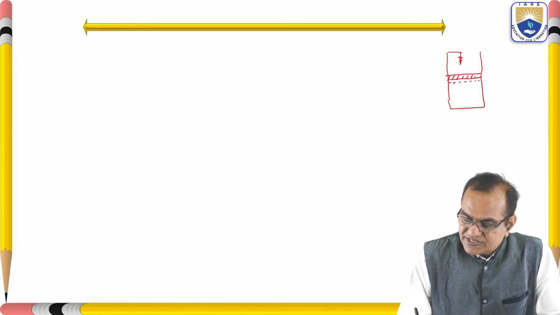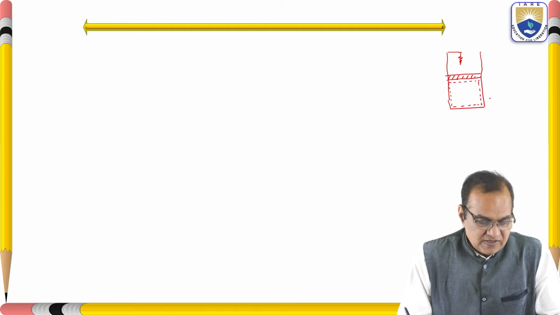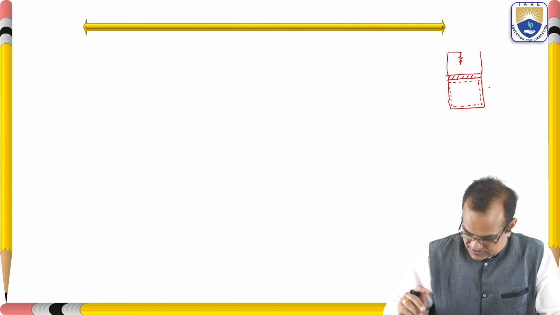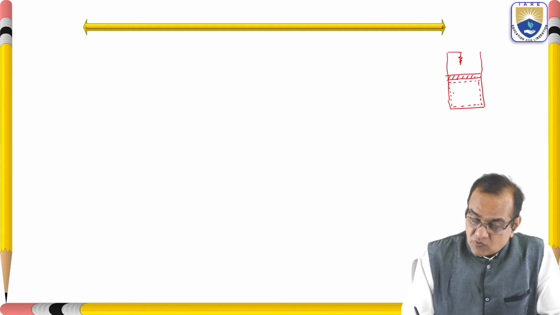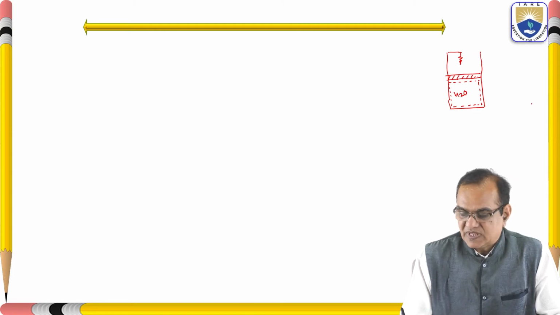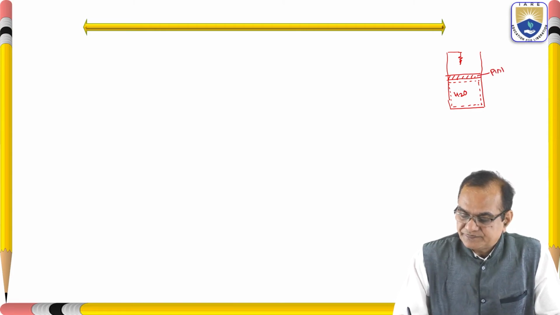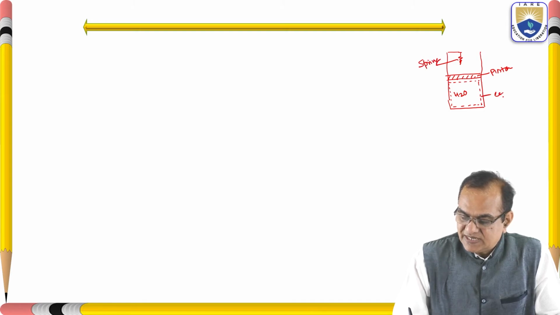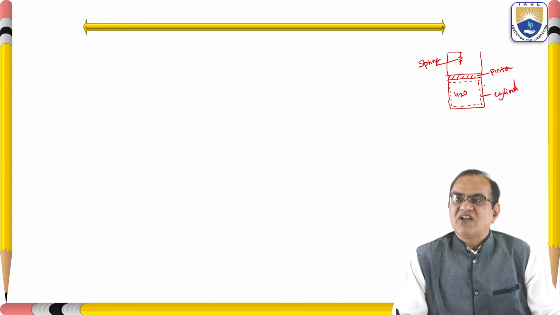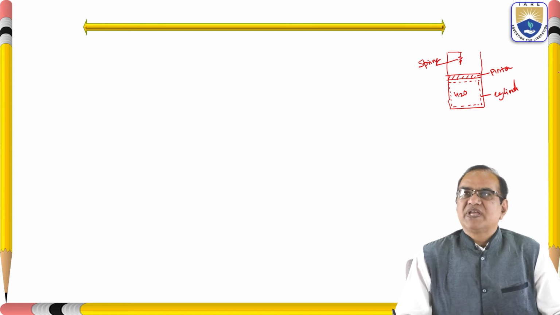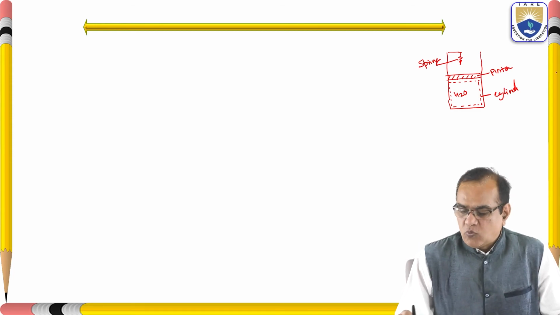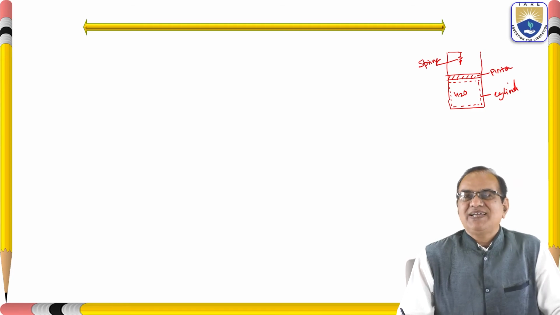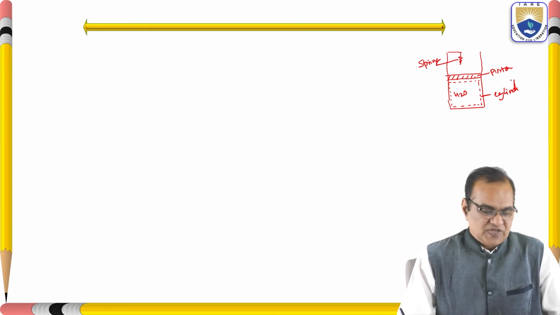Here is the cylinder, and the system is water. So this is the configuration of our problem, and we want to find the final pressure of the system.